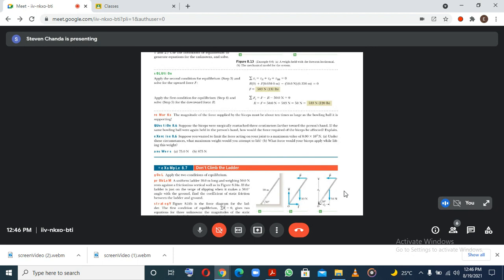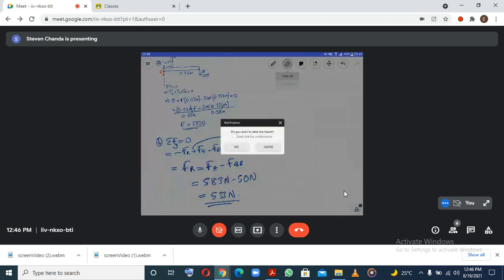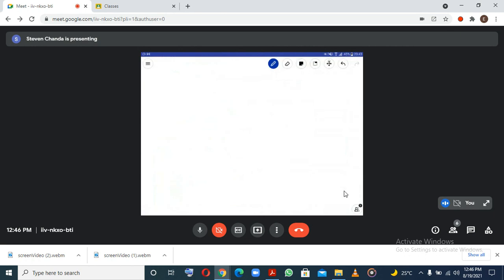Let's begin looking at the forces that are acting on this ladder, so that we can build them together. That way you have a better understanding of it. So here's the ground, and then here is the wall, and then here is the ladder.